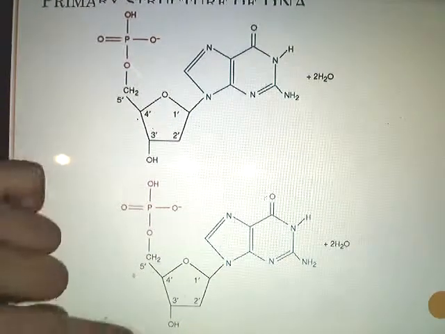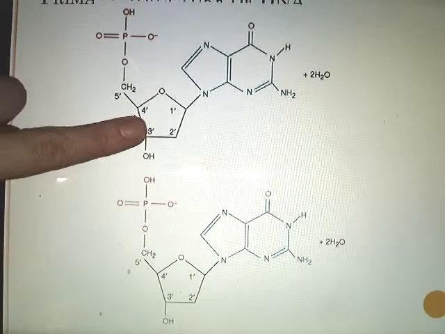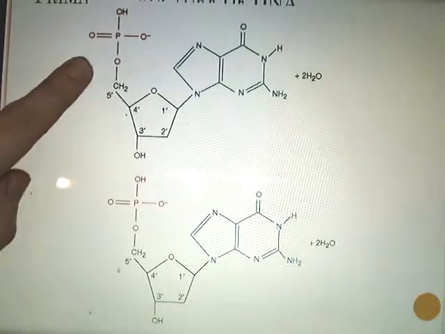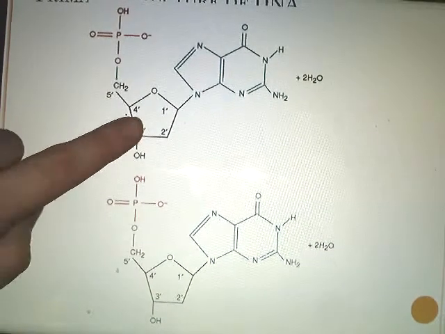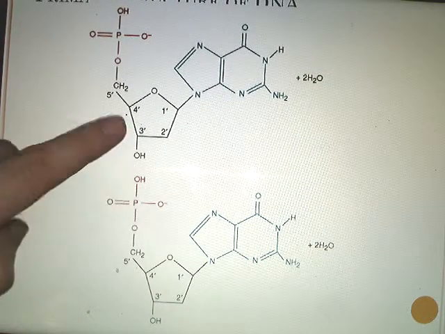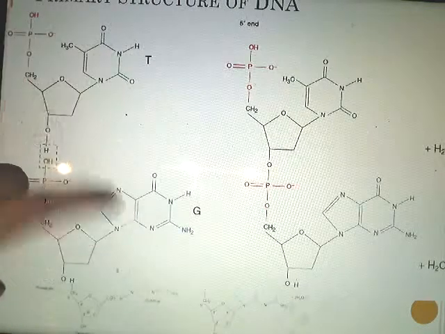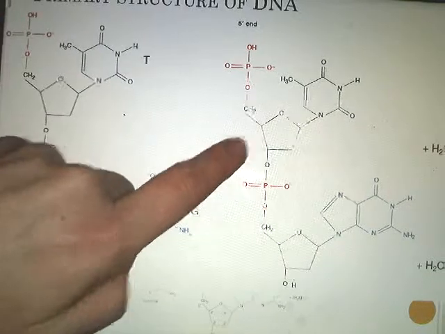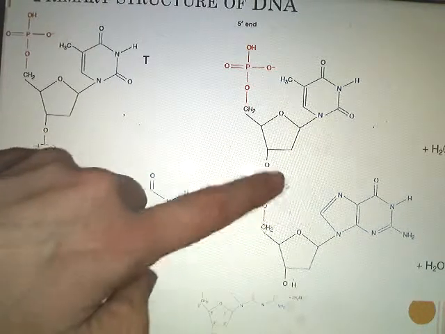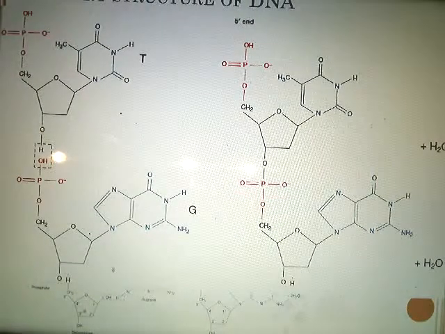So here we've got 2 nucleotides. See, it's got the deoxyribose, the base, and the phosphate. This 3' OH bonds with the phosphate of a different nucleotide, and that's bonding here. This link is called a phosphodiester bond because it looks like 2 esters.